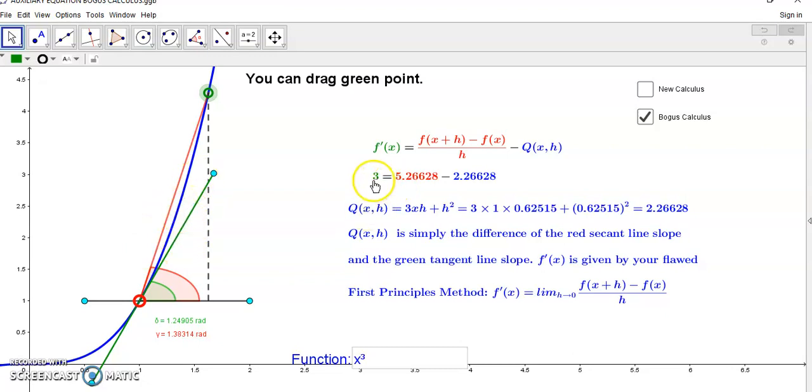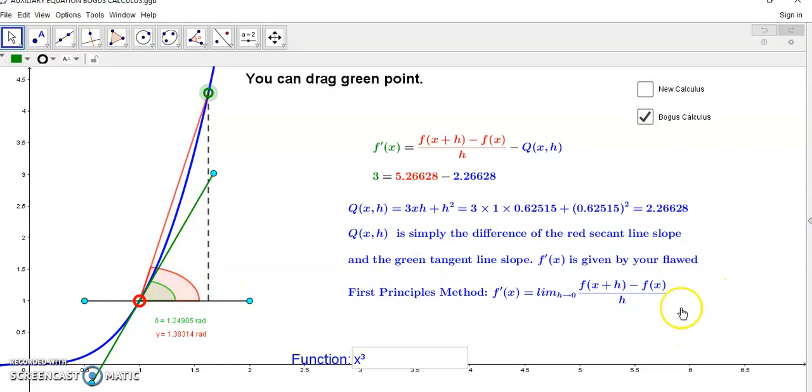Okay, so if you take away the slope of the secant line from the tangent line, you'll get the negative slope of the difference. Otherwise just the difference between these two slopes will give you q of x h. So q of x h is simply the difference of this red secant line slope and the green tangent line slope.